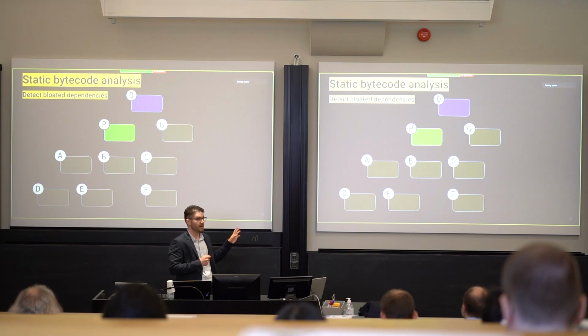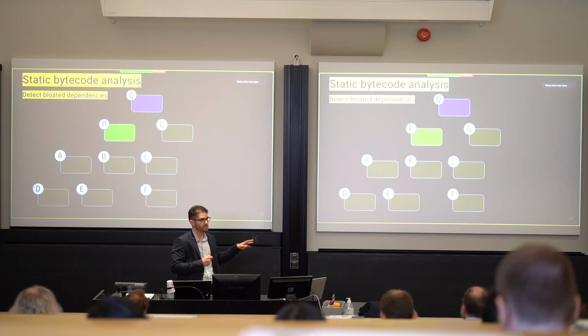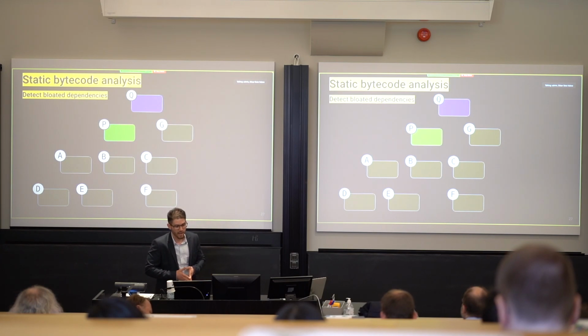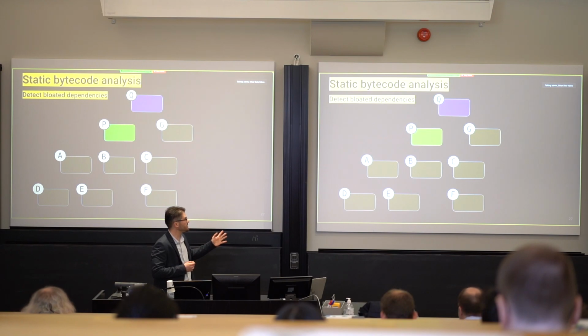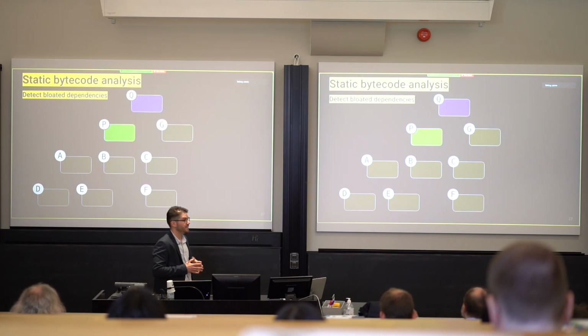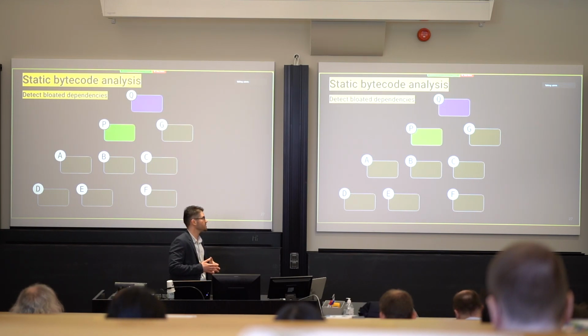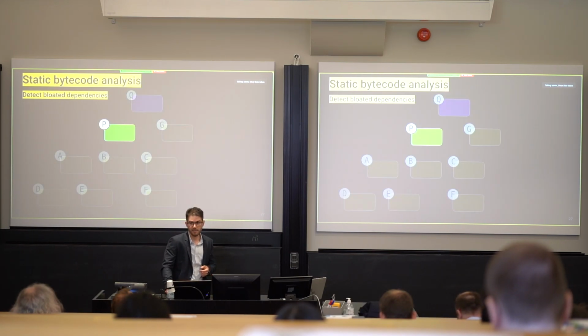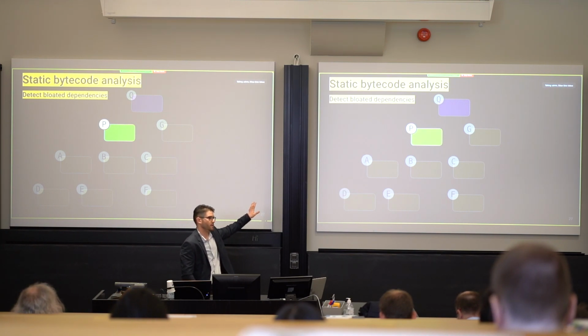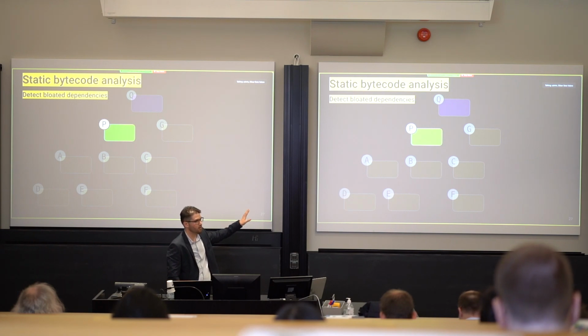Remember, these dependencies are already compiled code, so the only way is to analyze the bytecode. And this is part of our contribution, this technique to analyze the dependencies of software projects. And first, we analyze all the compiled code in P.